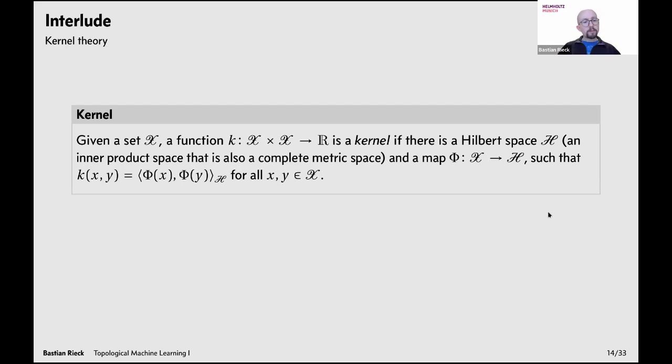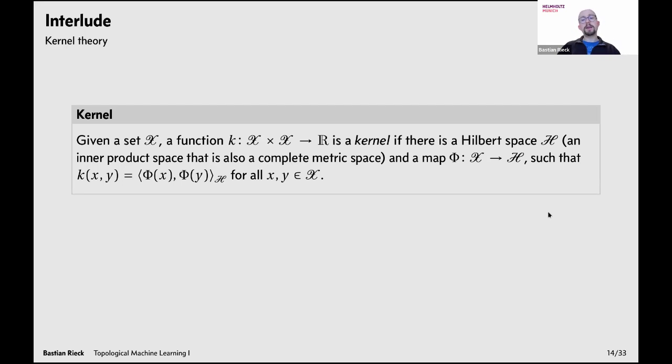So given some set X, we assume that we have a function that operates on tuples of X, so it maps two points x and y into the real numbers, and we call such a function a kernel if there is an associated Hilbert space H. A Hilbert space means that we want an inner product space that is also a complete metric space. So it needs to be complete, it needs to be a metric space, and it needs to have an inner product.